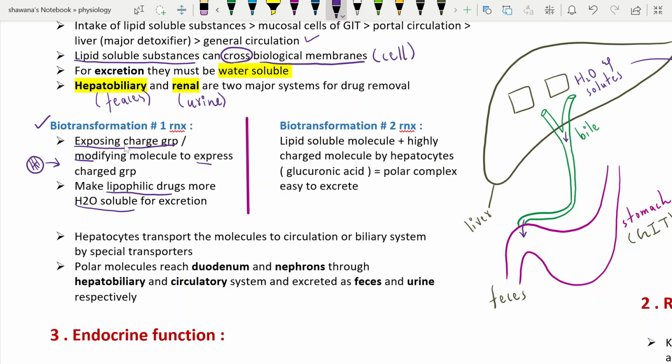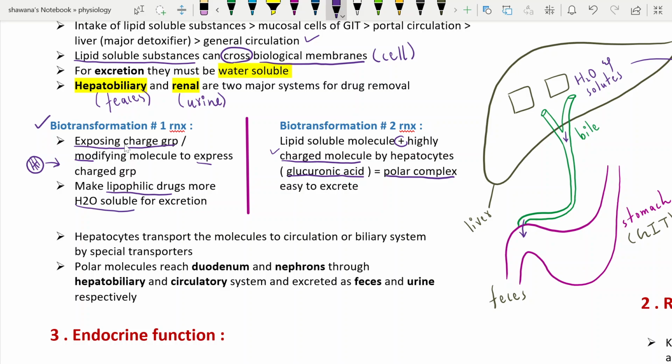Okay, the second reaction is that the lipid soluble molecule, for example a drug, is combined with a highly charged molecule secreted by the hepatocytes. It can be glucuronic acid, one of the molecules associated with glucose, and it becomes a polar complex because it has combined with a charged molecule.